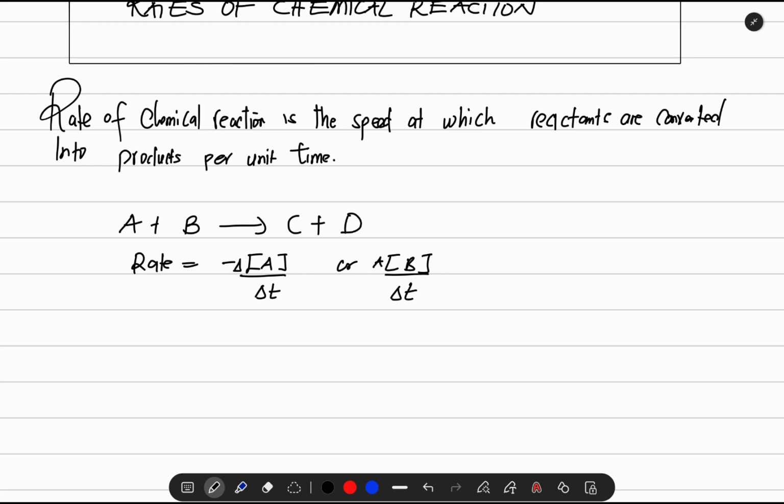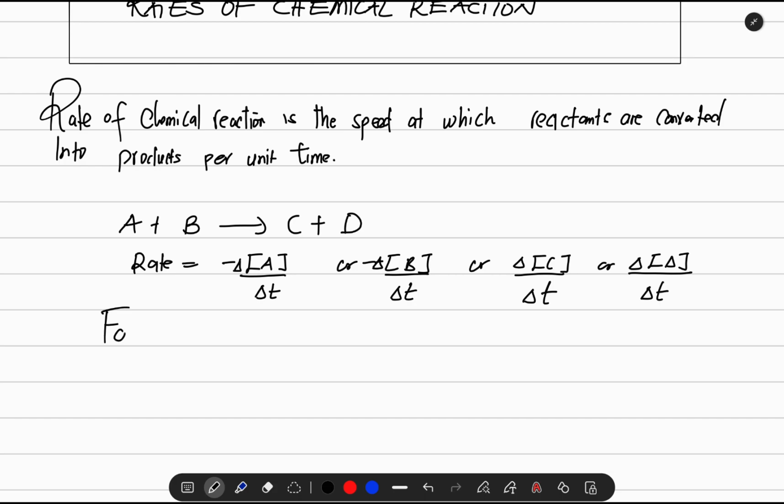Or, since C is being formed, the concentration of C is increasing, or the concentration of D is increasing. I can use any of that to measure the rate of chemical reaction. Remember, we are saying per unit time, so time should be there. The negative means the concentration of the reactant is decreasing. Positive means the concentration of the product is increasing.